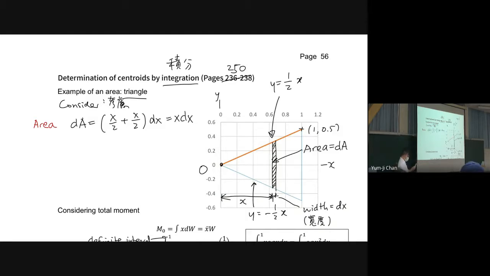Next, what we consider next is weight. Leave one line empty here, okay?